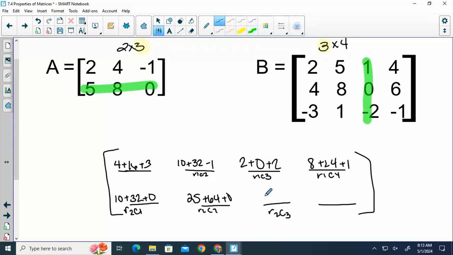So 5 times 1 is 5, 8 times 0 is 0, 0 times negative 2 is 0. Last one, row 2, column 4. So second row, fourth column. 5 times 4 is 20, 8 times 6 is 48, 0 times 1 is 0.